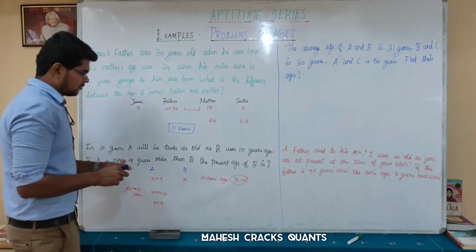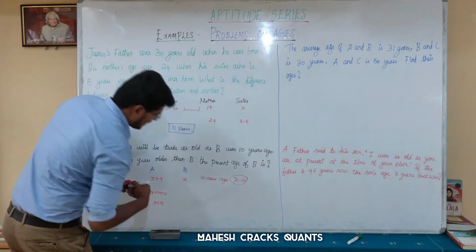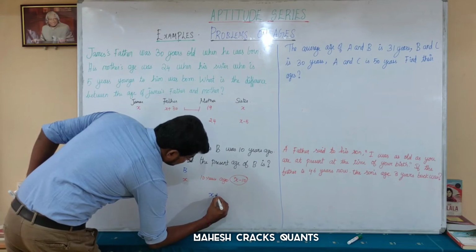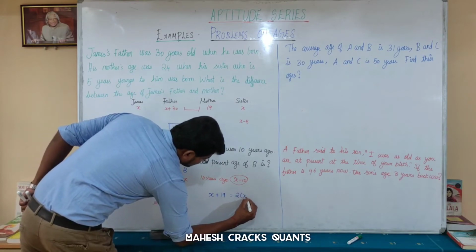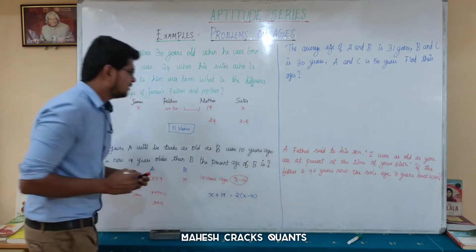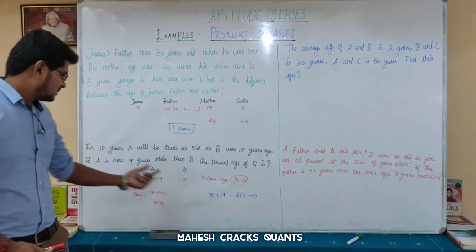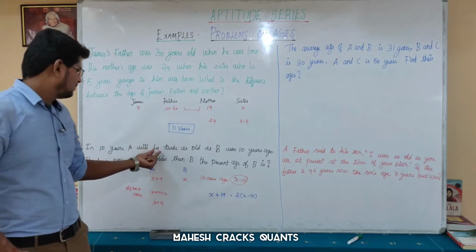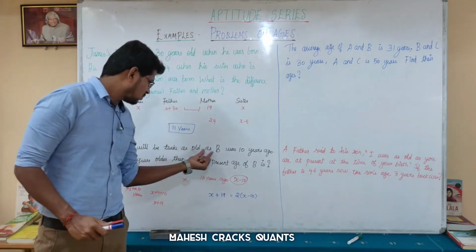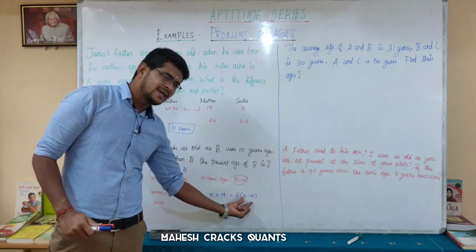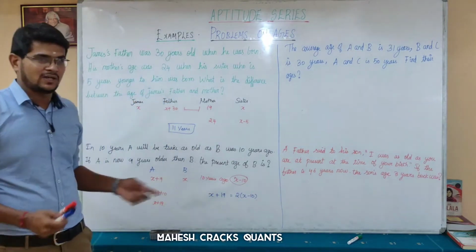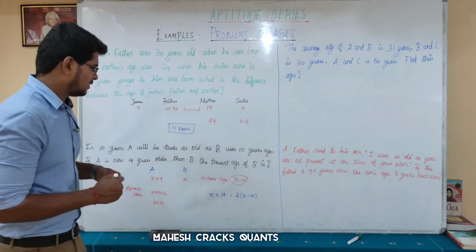A in 10 years, so when you equate this, X plus 19 is equal to 2 times X minus 10. Are you clear? In 10 years, X plus 19 will be twice as old as B was 10 years ago, which is equal to 2 times X minus 10. X is B's value. Okay, equate this, you will get the X value.